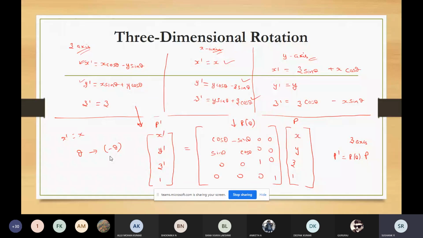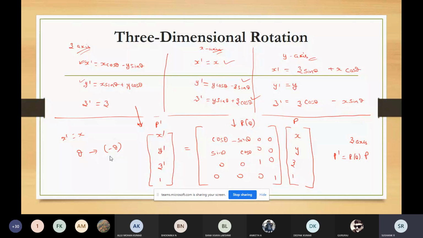So the inverse rotation can be obtained by replacing the positive rotation value with the negative rotation value. For the x-axis and y-axis, I'll get the matrix representation. What I've written is the matrix representation when you're rotating along the z-axis. The next two formulas I'll derive and let you know in the next class.